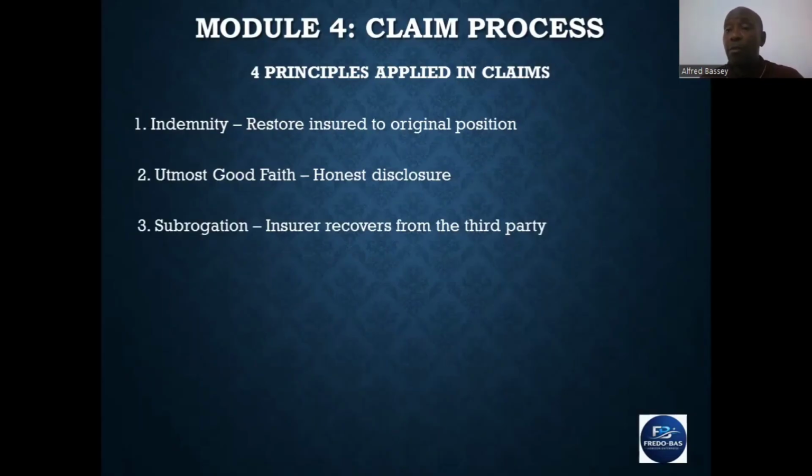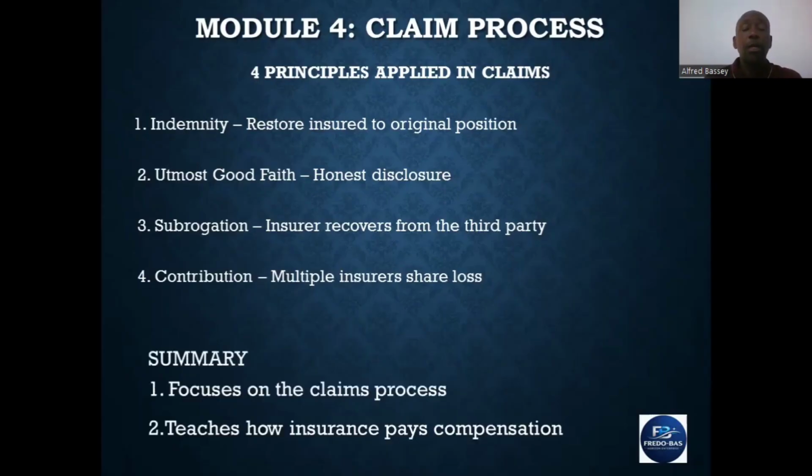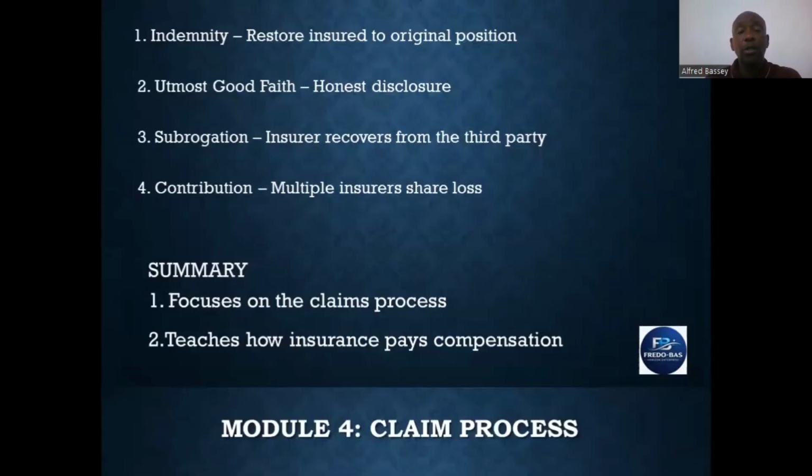If a third party is involved, the insurance company will pay you, and you will submit the documents of the third party, and the insurer will go and recover. That is under subrogation. Under contribution, if multiple insurance companies are involved, they will share the loss. So in summary, this focuses on the claims process and teaches how insurance pays compensation. This is what the claims process is all about.